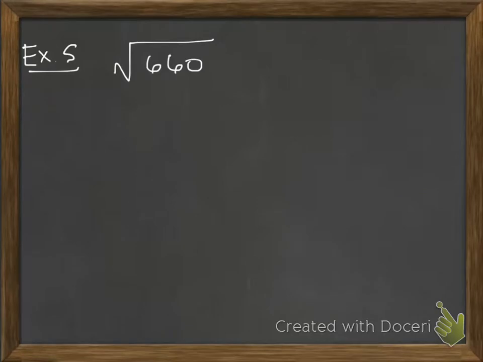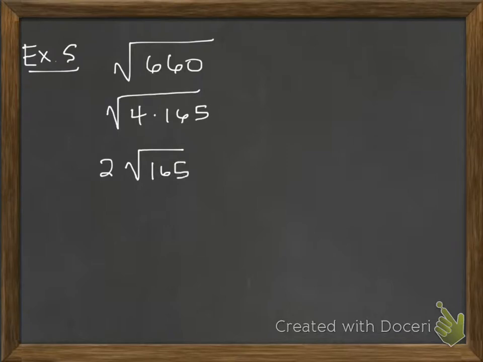If you work your way up the chart, what do you get? 4 times 165. So then my answer becomes 2 square roots of 165.